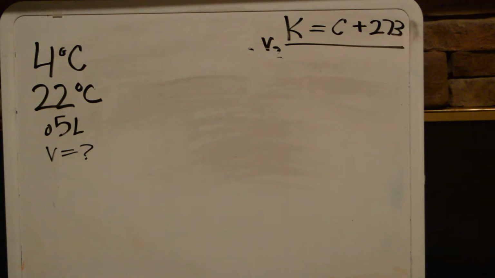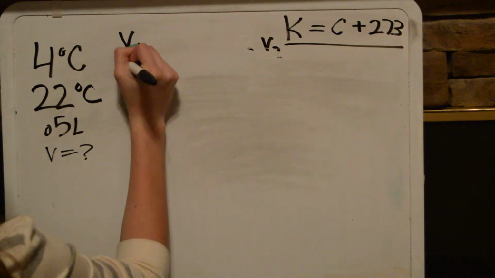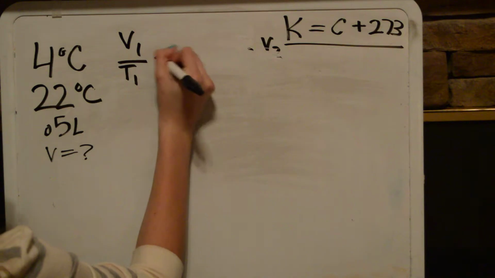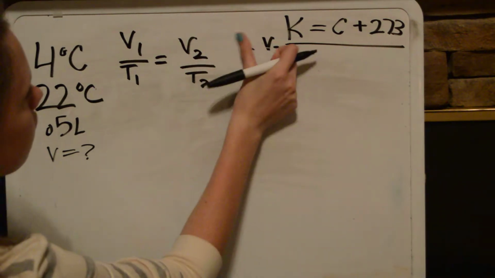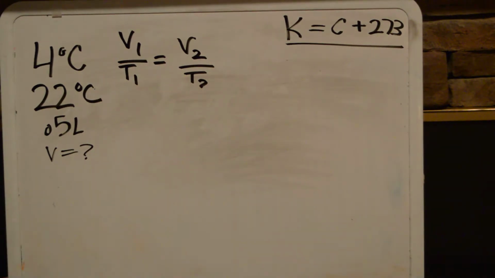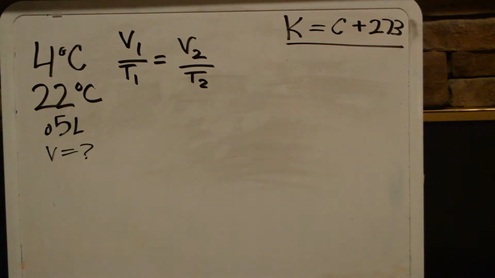So what deals with temperature and volume? Charles' law. And Charles' law is, we're going to write it down for reference, V1 divided by T1 equals V2 divided by T2. Now we've written it down, but we can't start plugging in our numbers yet because we have to change Celsius to Kelvin using this formula here.